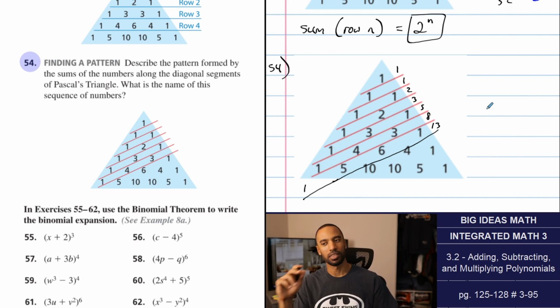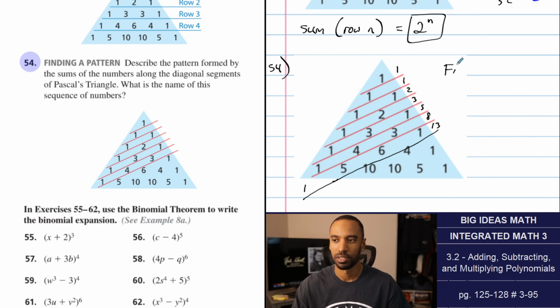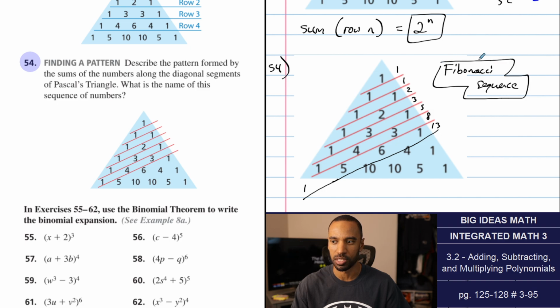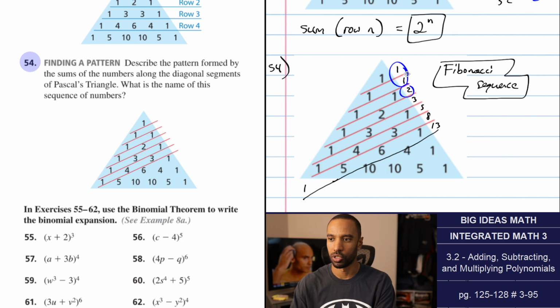I don't know if you know that one. This is called the Fibonacci sequence. The Fibonacci sequence is a sequence of numbers where the sum of the 2 previous numbers makes the next number. 1 plus 1 is 2. 1 plus 2 is 3. 2 plus 3 is 5. 3 plus 5 is 8. 5 plus 8 is 13.